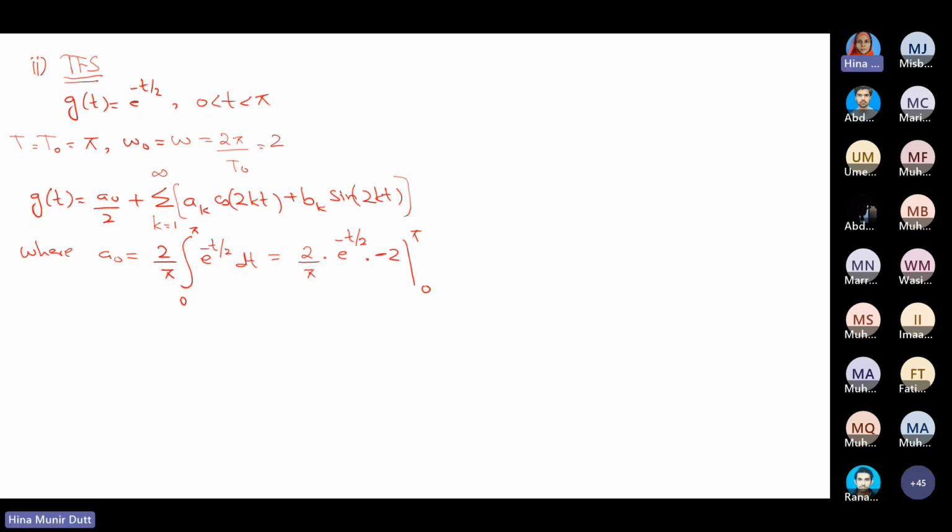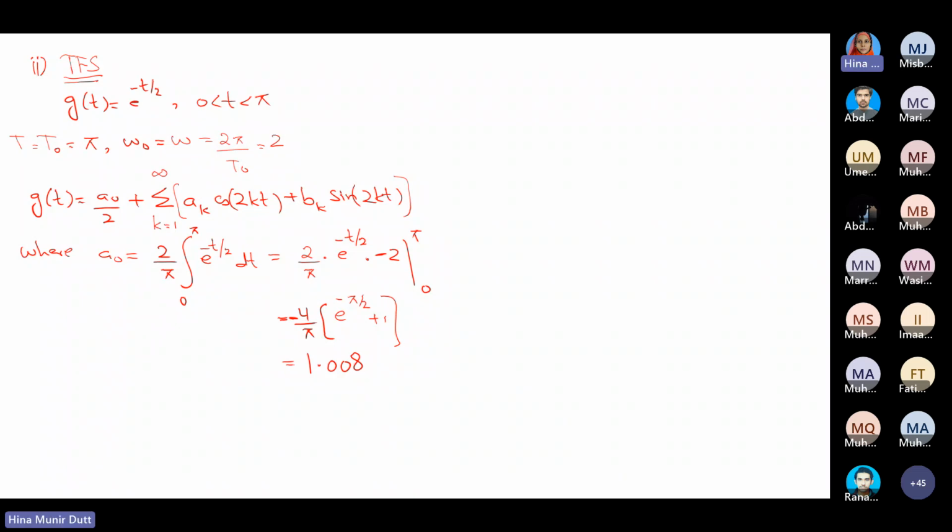So here it becomes 4 over pi with a negative sign. Okay, let's put it over here. And this is e to the power minus pi by 2 plus 1. And if I calculate it, e to the power minus pi by 2, it's not e to the power minus iota pi by 2, it is simply e to the power minus pi by 2, which is a real number. So I get 1.008. This is my answer.